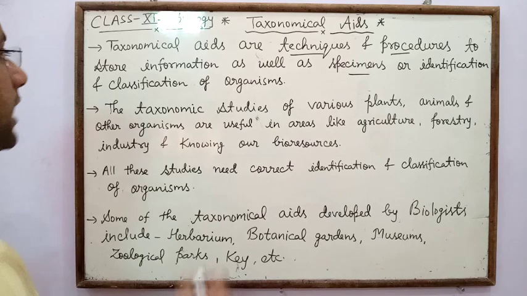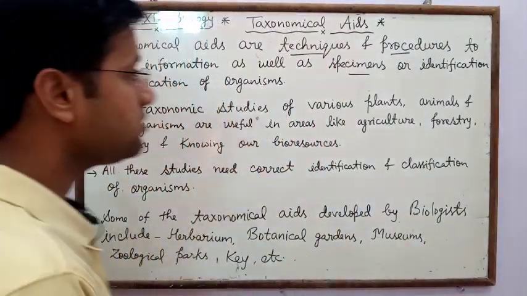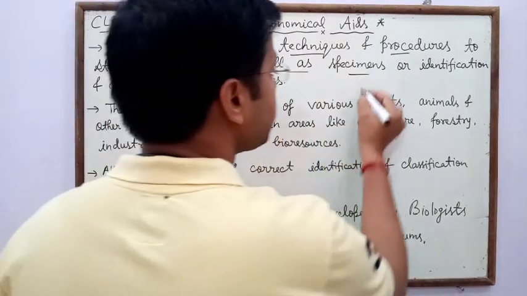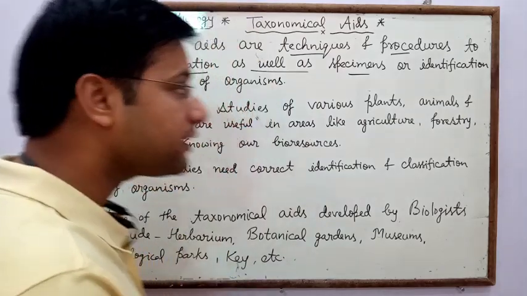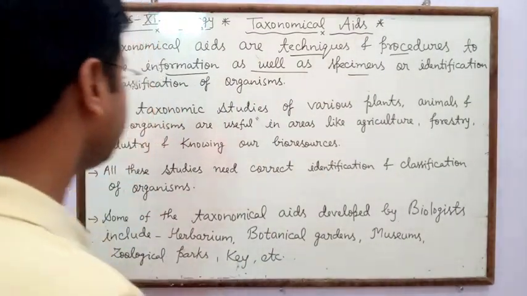So what are taxonomical aids? Taxonomical aids are techniques and procedures to store information as well as specimens for identification and classification of organisms.